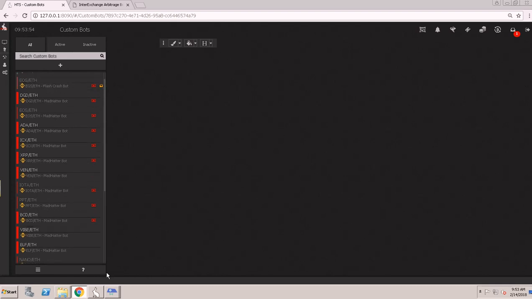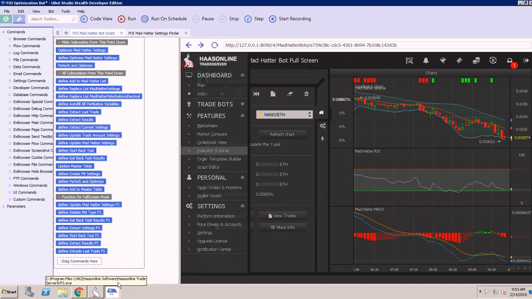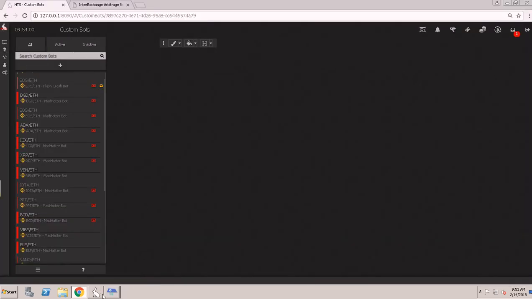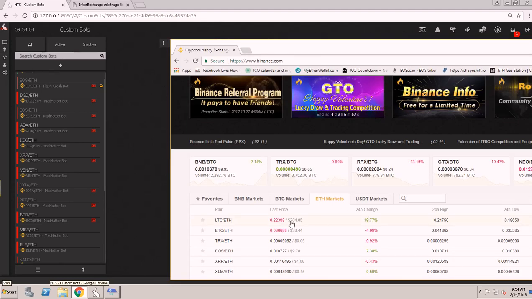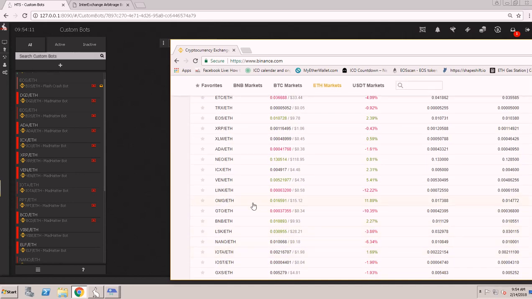Yeah, let me go ahead and pick up the coin. This is my bot. Switch over here. Next, so now we have Berwick, OMG. Let's go with GTO. Got a lot, 5 bounce back.